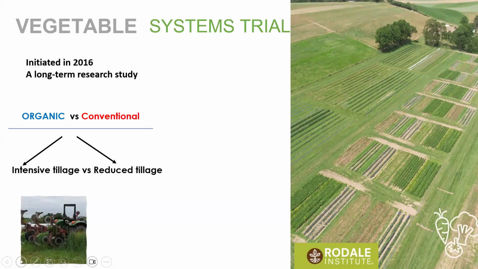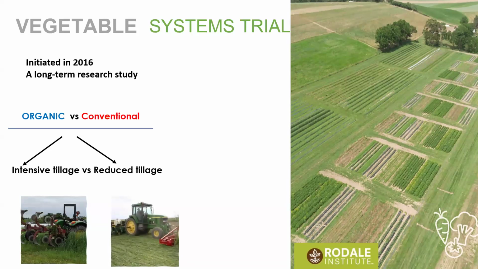When we talk about intensive tillage, we talk about using intensive machinery and repetitive and frequent cultivation throughout the growing season. Reduced tillage, in the organic system, uses less intensive equipment in a way that does not disturb the soil.